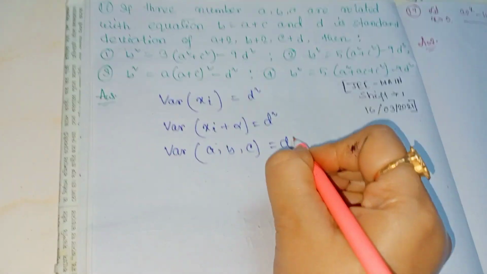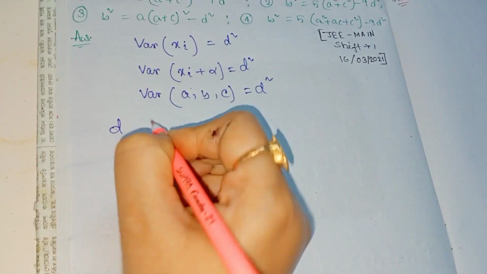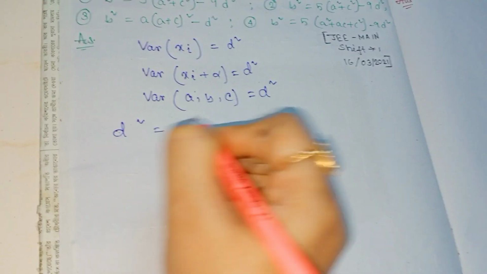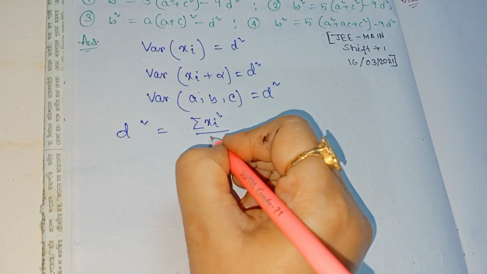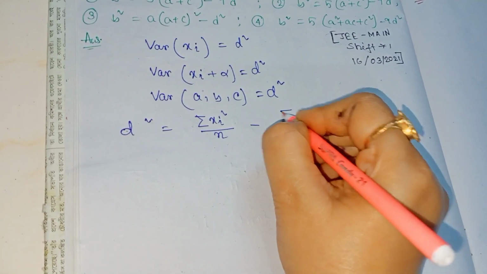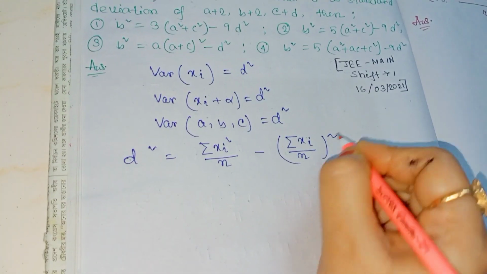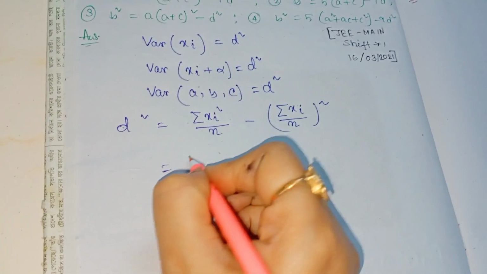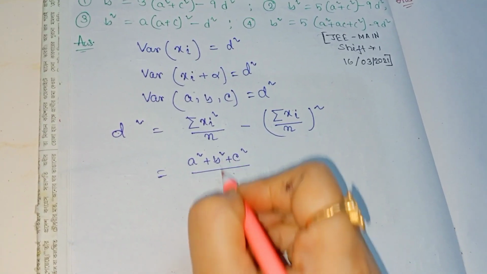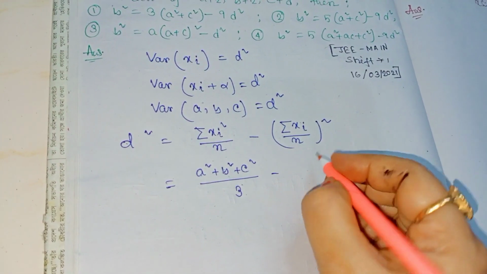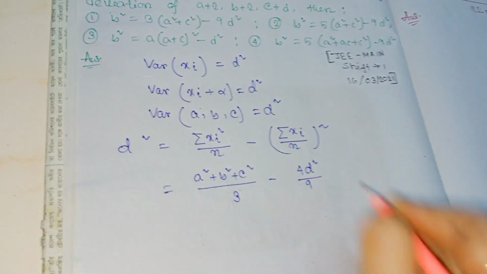So that is equal to a squared plus b squared plus c squared, n is equal to 3, and here we get 4d squared divided by 9.